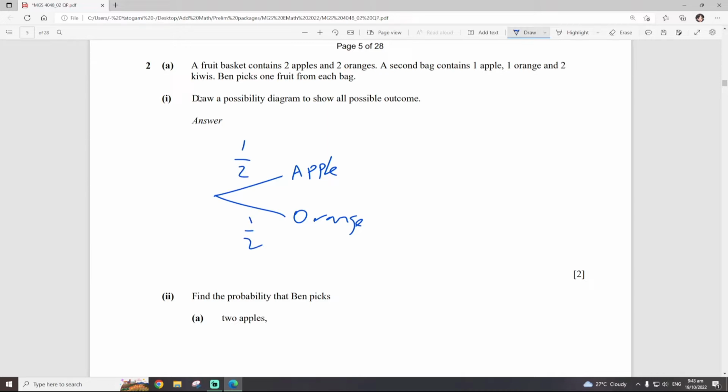Some of your teachers might actually teach you to not put it in simplest terms, to write 2 over 4, because there's 4 things in total. I think any convention works, so you can decide for yourself. And we're going to split this off into 3 branches. Now, the 2 branches for apple or an orange here are actually going to be identical because you are drawing from different bags.